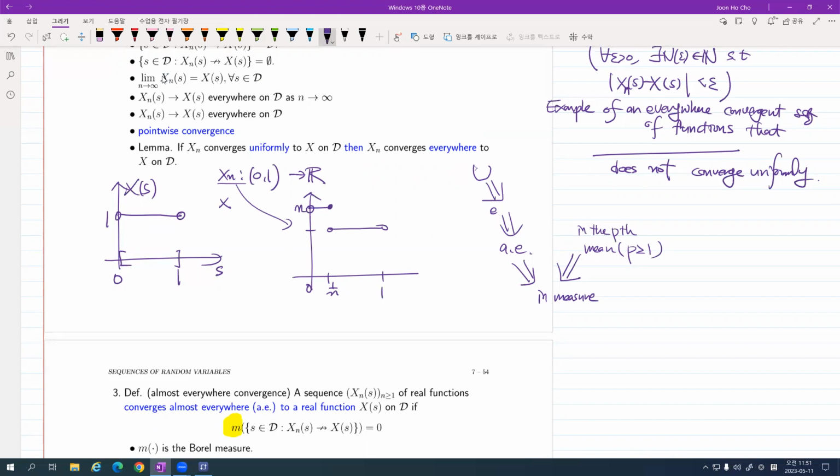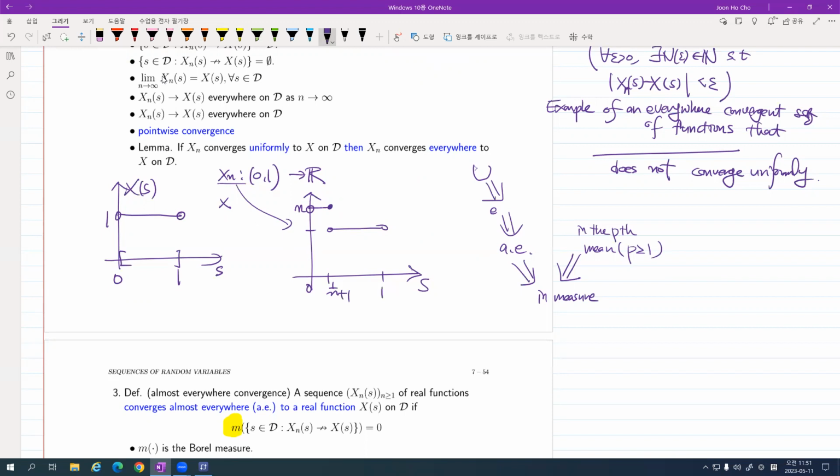Got it? So it's a strange sequence of functions. And let's see what happens if you increase n. Let me say n plus 1 to make everything simple.